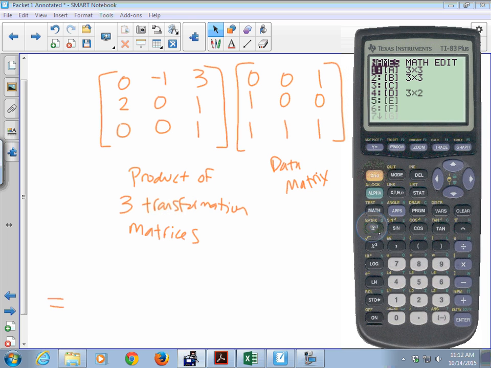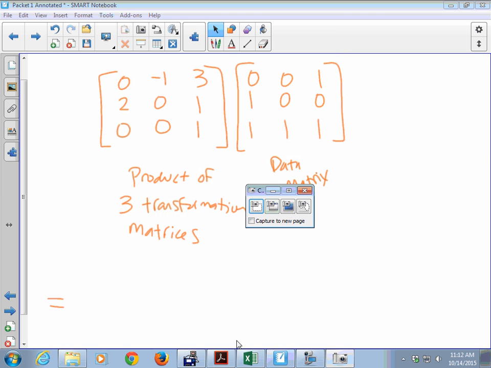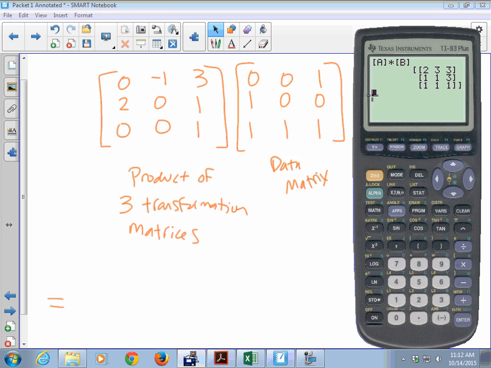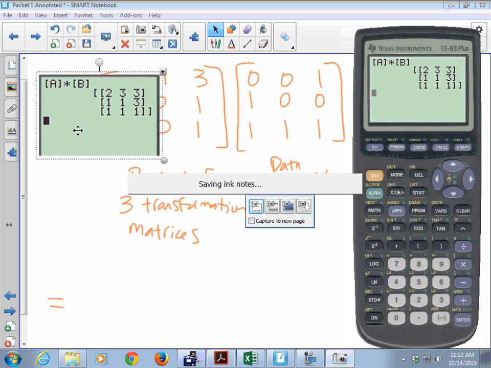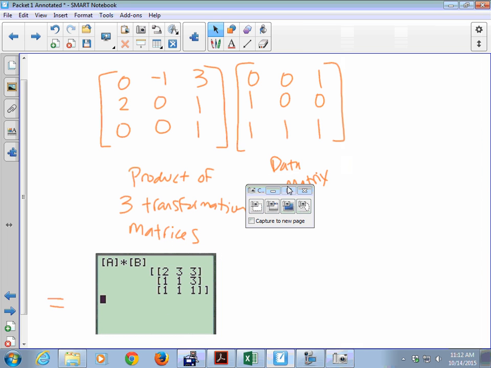So now I want to do matrix A times matrix B. There we go. My result is 2, 1, 1, 3, 1, 1, 3, 3, 1. Those are the points of my final triangle.